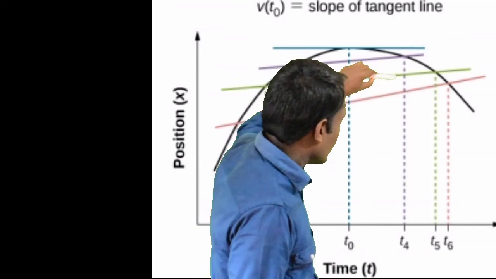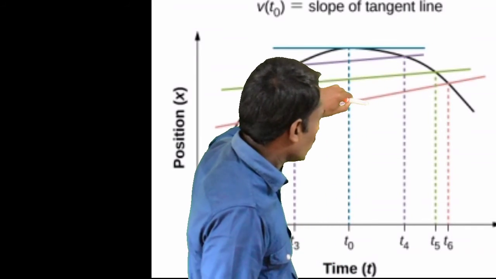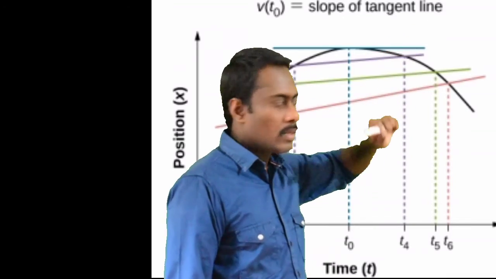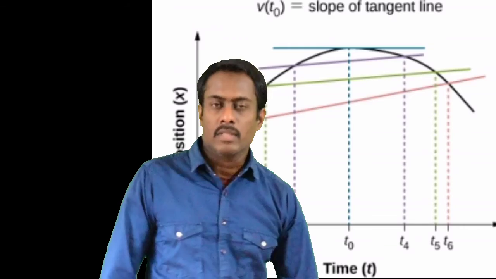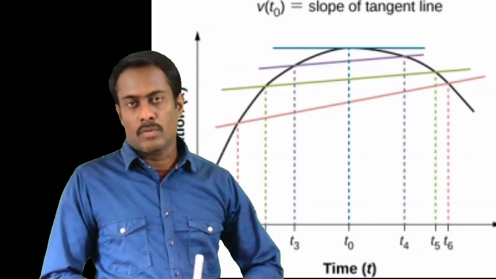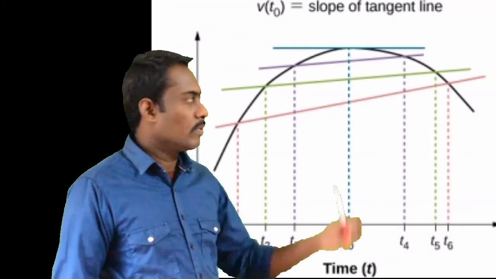Now join these two points with a straight line. That will be the slope, and that slope will be the value for the average velocity of the object moving with non-uniform velocity.